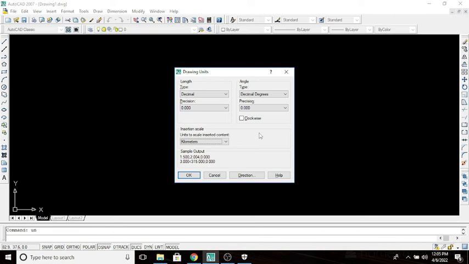This is the simple whole concept: if you are using feet and inches, then change the length type to architectural, whereas if you are using meters, millimeters, or anything else, you can change it to decimal.